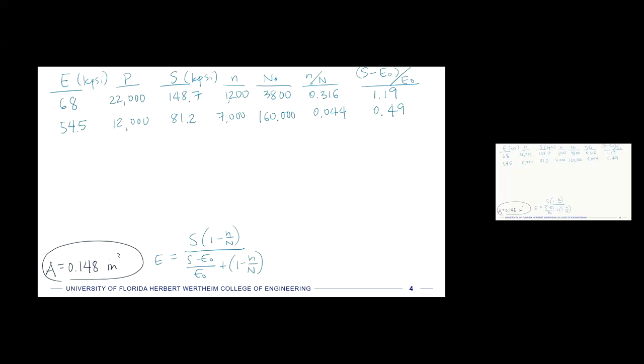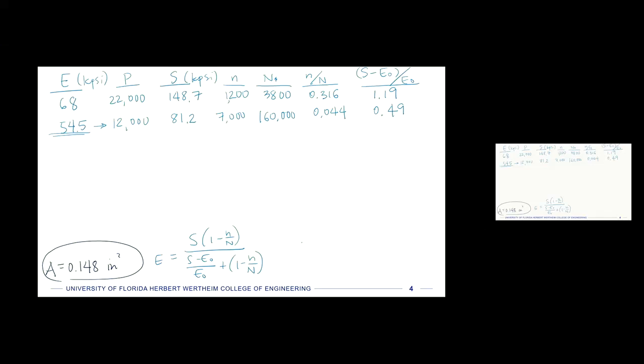Yes? Is the E not the new 54.5 or is it still 68? So the new E naught is the new one. It's 54.5. So we're going to use this E now for everything moving forward. Let me just make sure that's right.